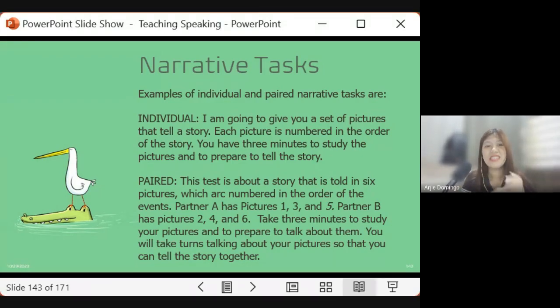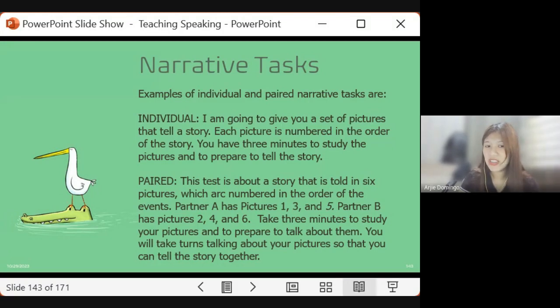For an individual narrative task, for example, I am going to give you a set of pictures that tell a story. Each picture is numbered in order of the story. So you have 3 minutes to study the pictures and to prepare to tell the story. However, on the paired narrative task, for example, this test is about a story that is told in 6 pictures, which are numbered in the order of events.